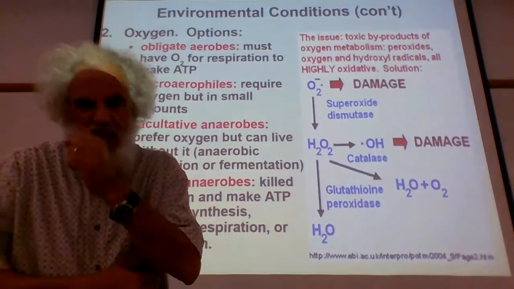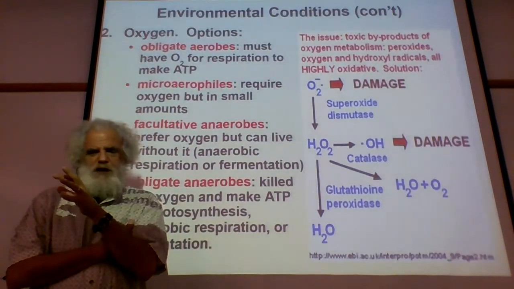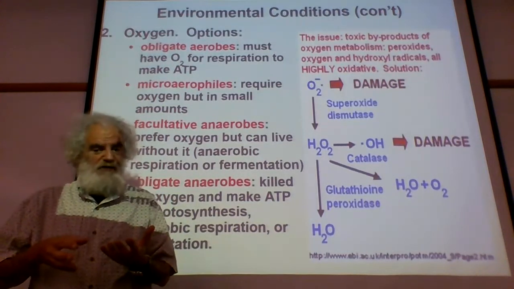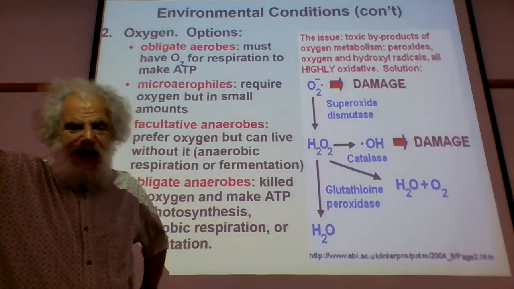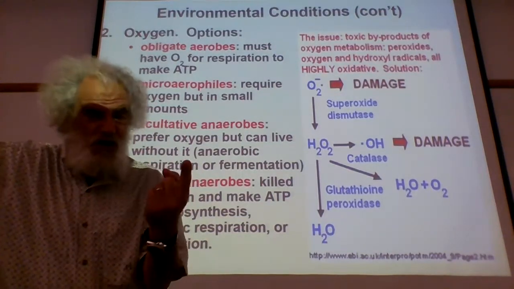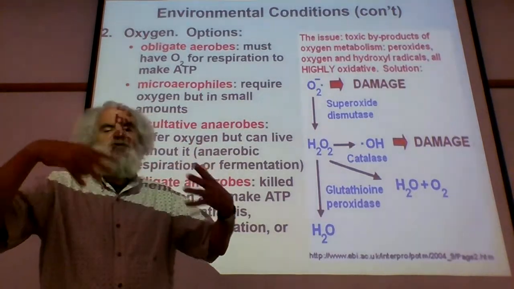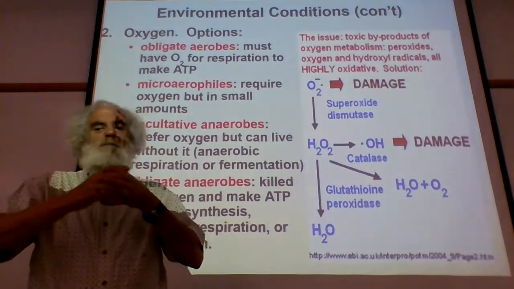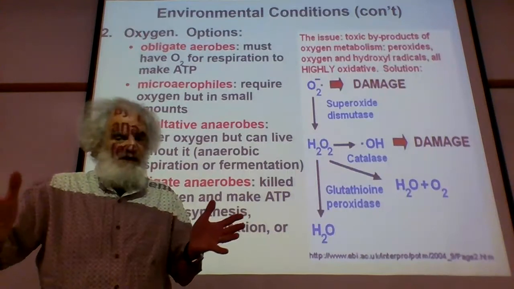Now, if you recall, we mentioned the notion that you need to have a place to put the electrons when we're talking about the different aspects of nutrition. You need an electron source, but then you also need a place to put those electrons as you're carrying out the breakdown of things. So you need an electron source to build stuff, but you need a place to put electrons as you generate them when you're breaking things down.